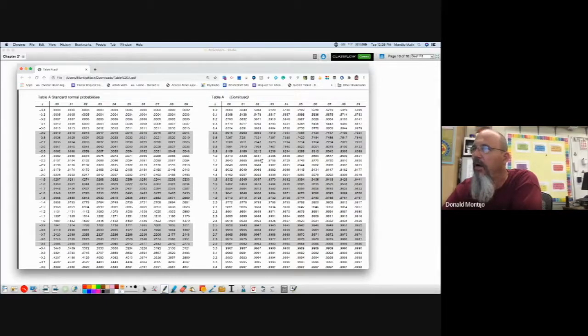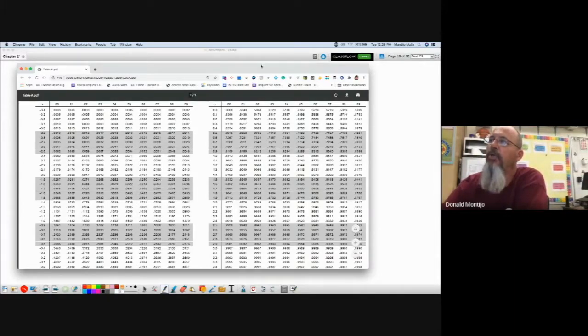I find 0.8686. So if my z-score was 1.12, meaning I was 1.12 standard deviations above the mean, I would be at the 86.86 percentile. That's how we're going to use table A.